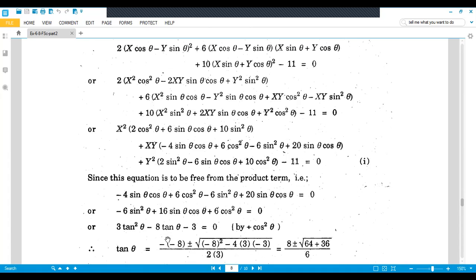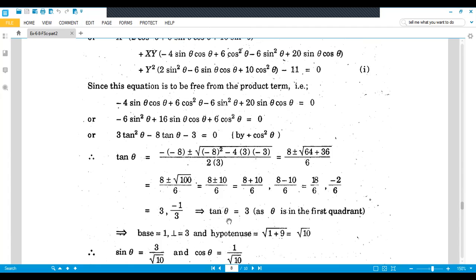So we factorize it by quadratic formula. So we get the angle theta, that is tangent theta is 3. So base is 1 and perpendicular is 3.